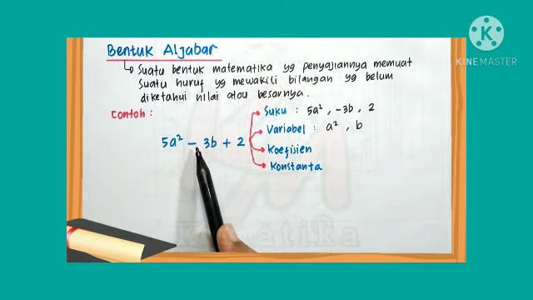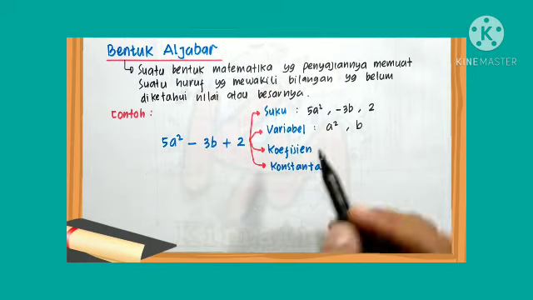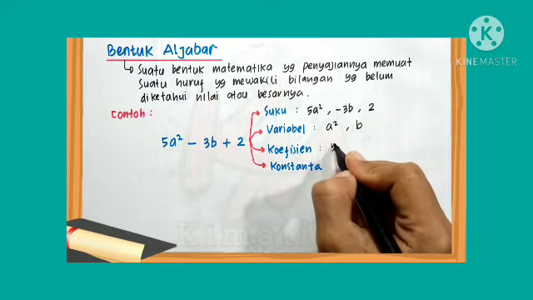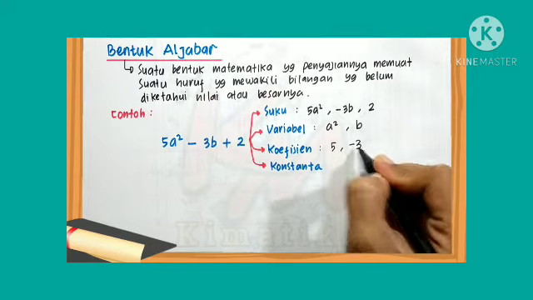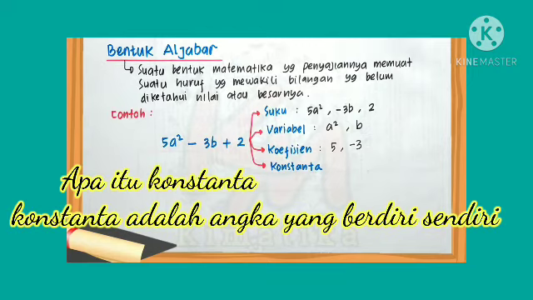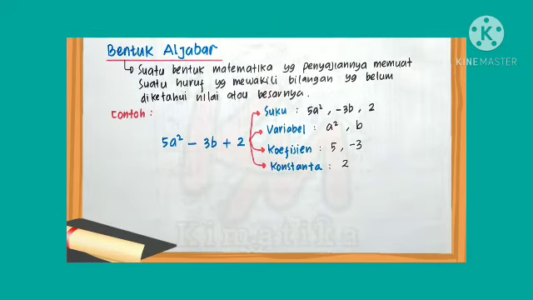For 5a squared it is 5, and for minus 3b it is minus 3. And the last, constant. A constant is a number that stands alone. In the example, the constant is 2.